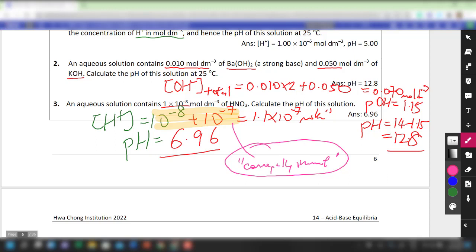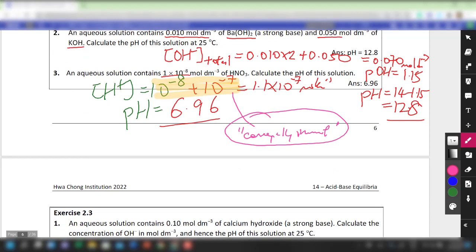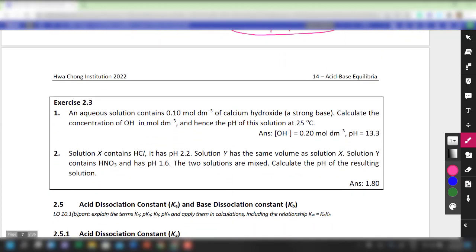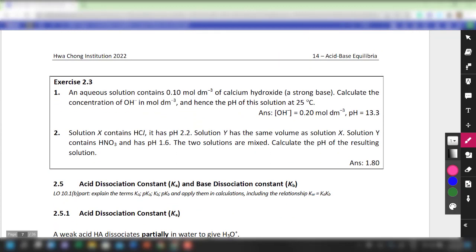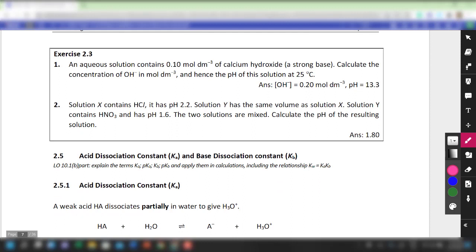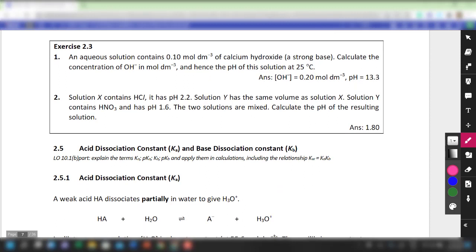If you are confused, just think back about the Ksp which you have done last year. If you're not so confused, it's okay. You can read up on the systematic treatment of equilibrium, and that will be very interesting. With that, let us move on to exercise 2.3.